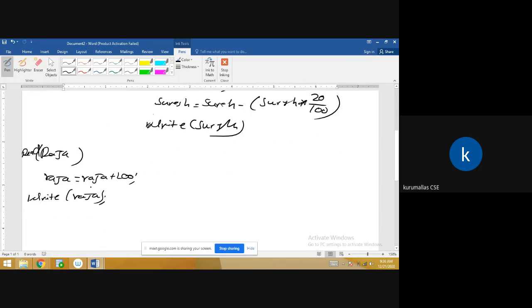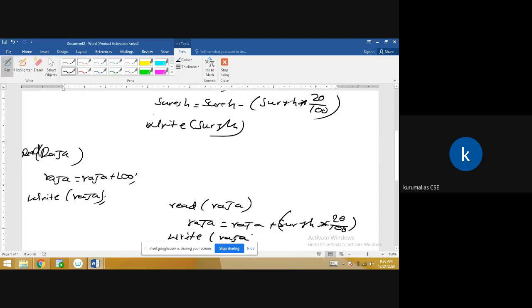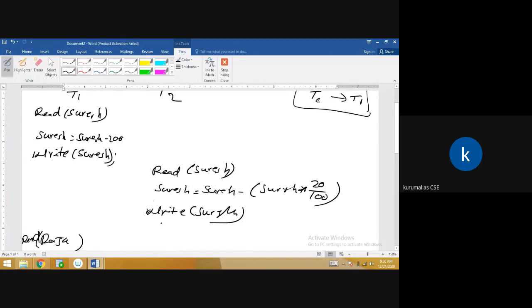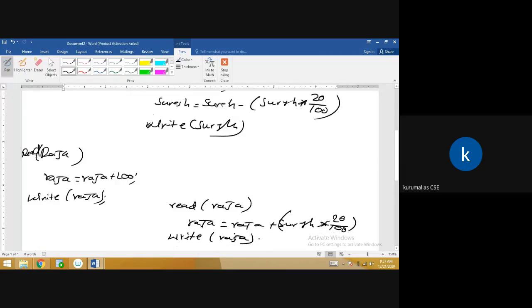Then in the T2 transaction, after completion of this, read Raja account, Raja equals Raja plus Suresh into 20 by 100. After this, write Raja. Okay. So this is one transaction in concurrent fashion. After the execution of T1, after T1 next T2. This is a concurrent fashion.